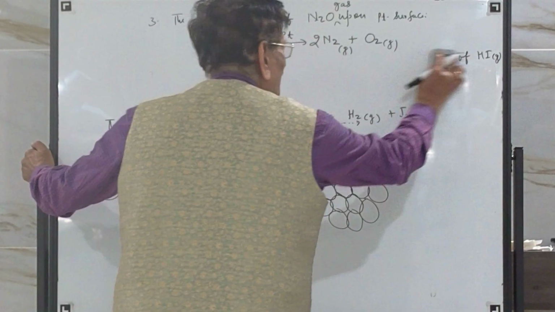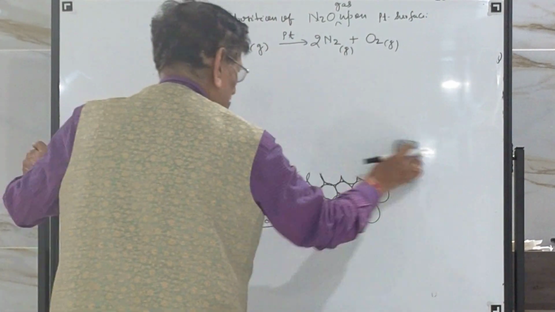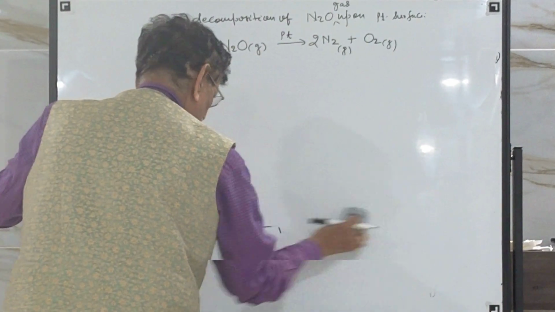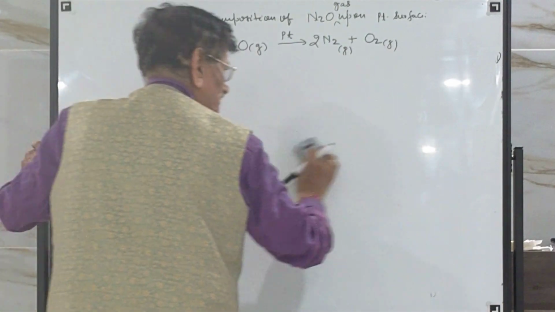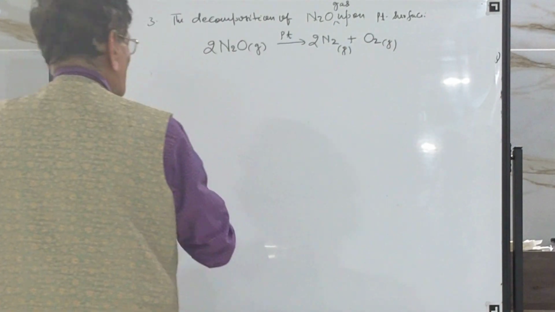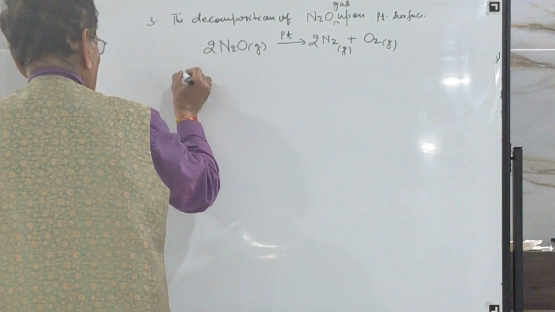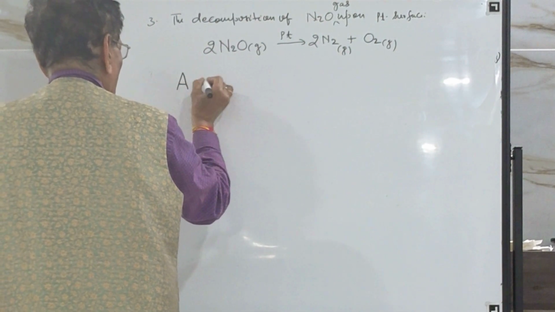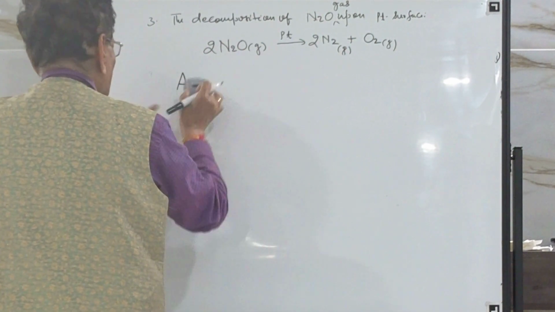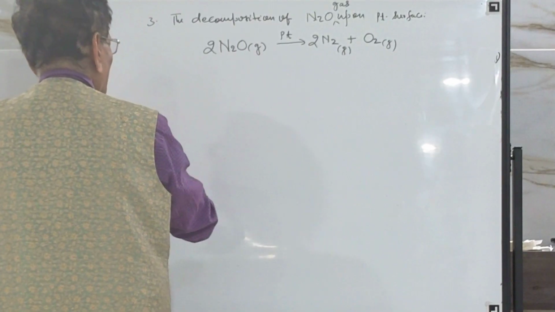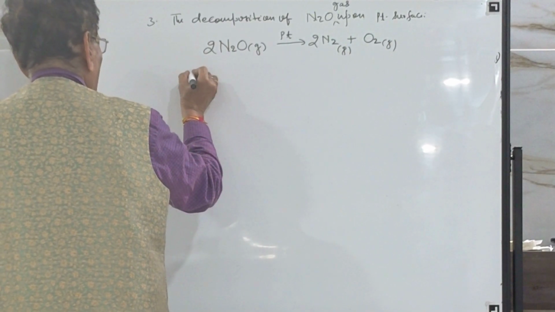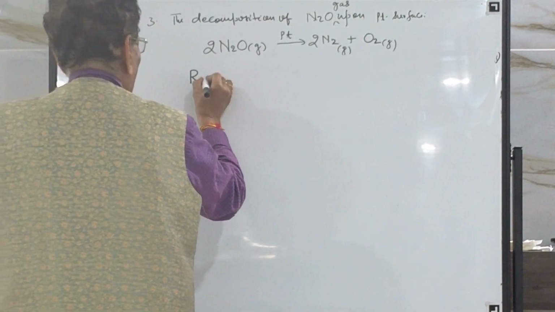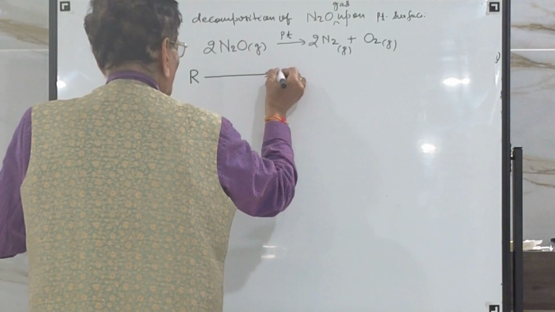Now let us consider a zero order reaction like this. Suppose R is the reactant, and it is converted into product.